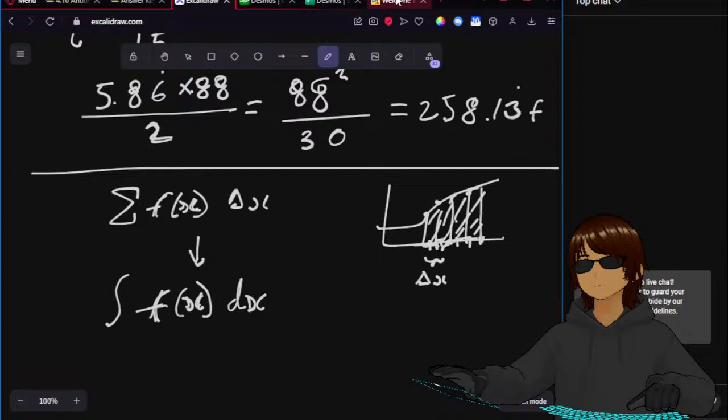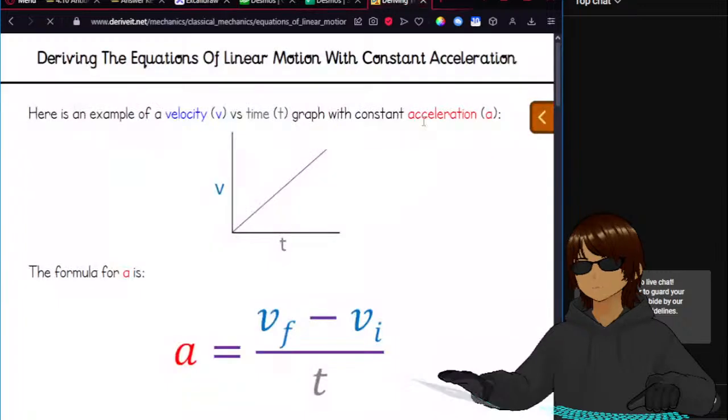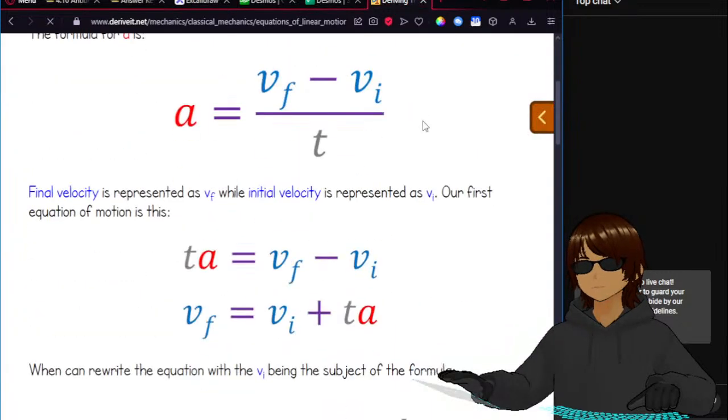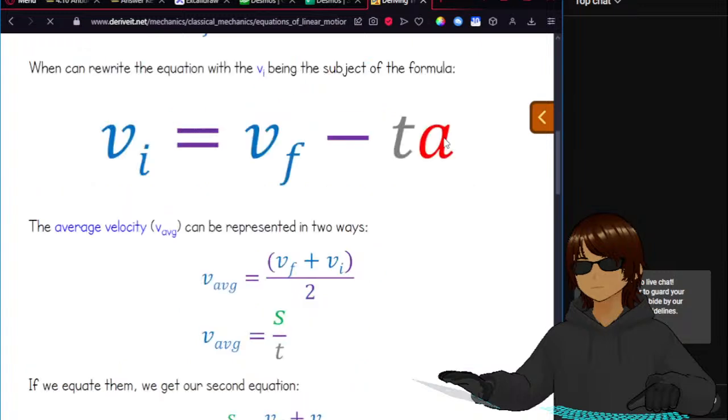Yes, it was mechanics. Ah, yes, the average velocity. Final plus initial divided by 2.